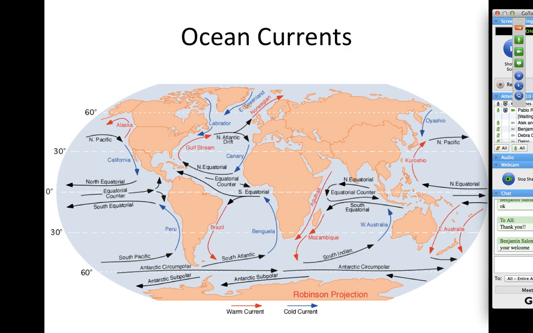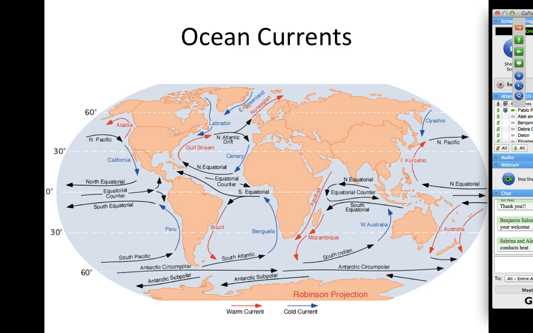Why is the current of water in the oceans a factor in climate? What does water do, and how does it affect the climate of a region? Anyone has any ideas?